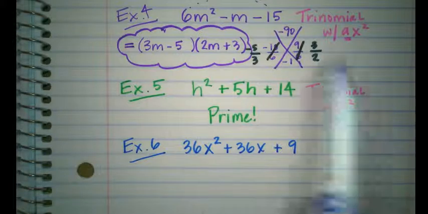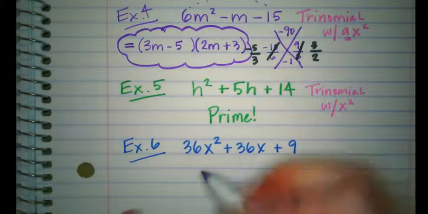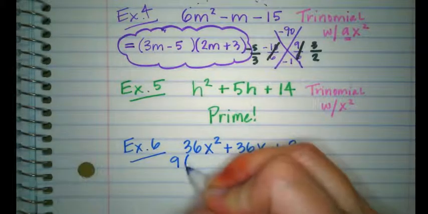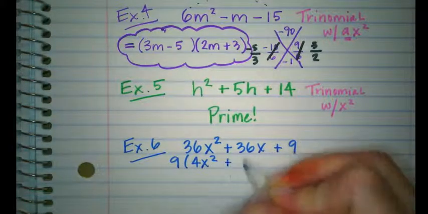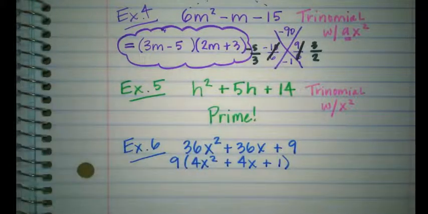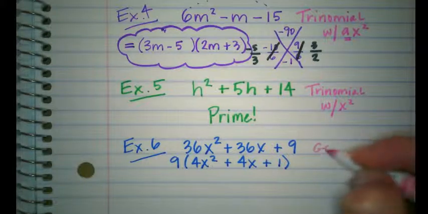And all of these can be divided by 9. So I'm going to take out a 9, which would leave 4x squared plus 4x plus 1. So this one was a GCF right there.